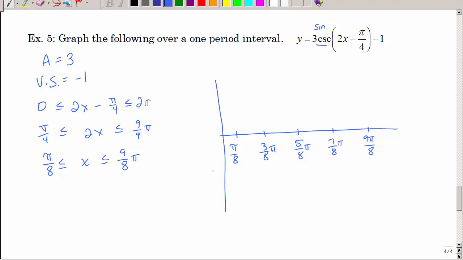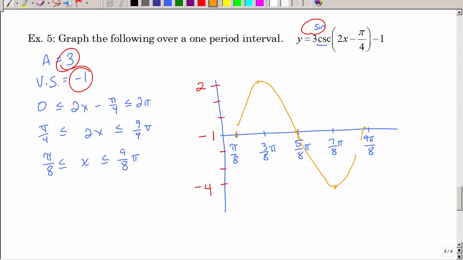I'm going to put my vertical mark, and I'm going to say, okay, vertical shift it down 1, so this is going to represent -1. I'm going to go up 1, 2, 3 from there, and I'm going to go down 3. And then, again, I'm going to graph my sine wave. So my sine wave starts on the horizontal axis, and it goes up, down, down, up.